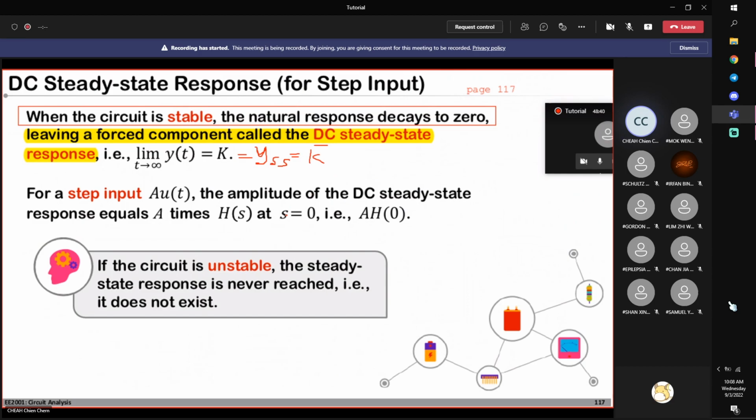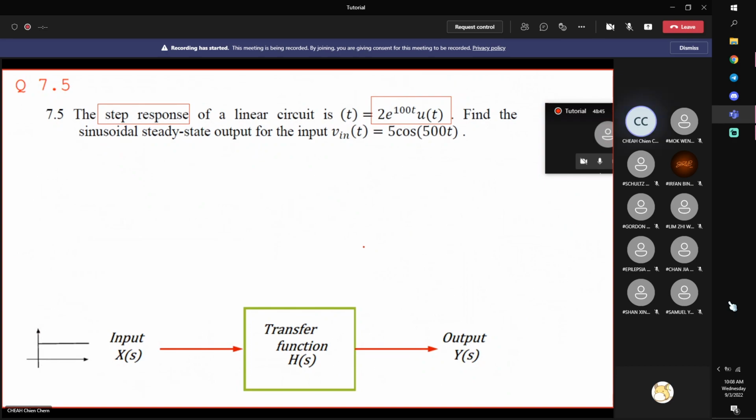So today the only thing new is what is unstable, which is the other way around. I'll go to question 7.5 to let you understand what an unstable circuit is. Firstly, this problem says the step response of a linear circuit. What is step response? Step response is the output of the circuit in response to a DC input, because DC is the step input.